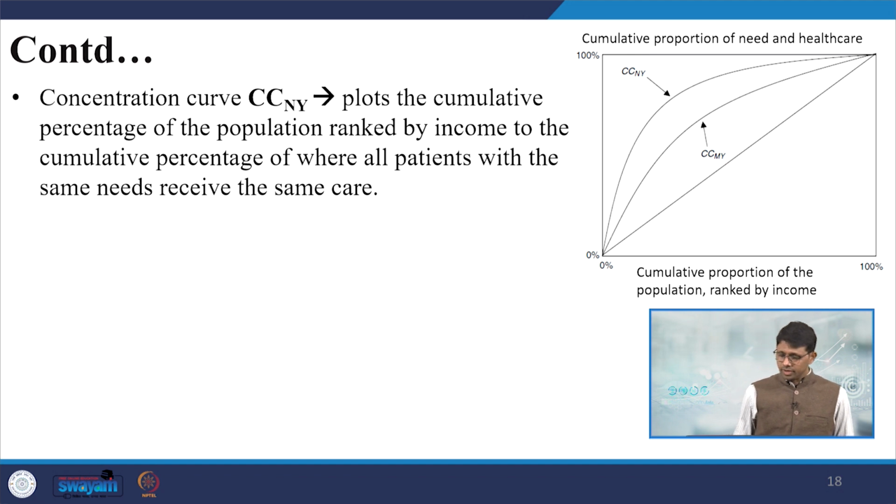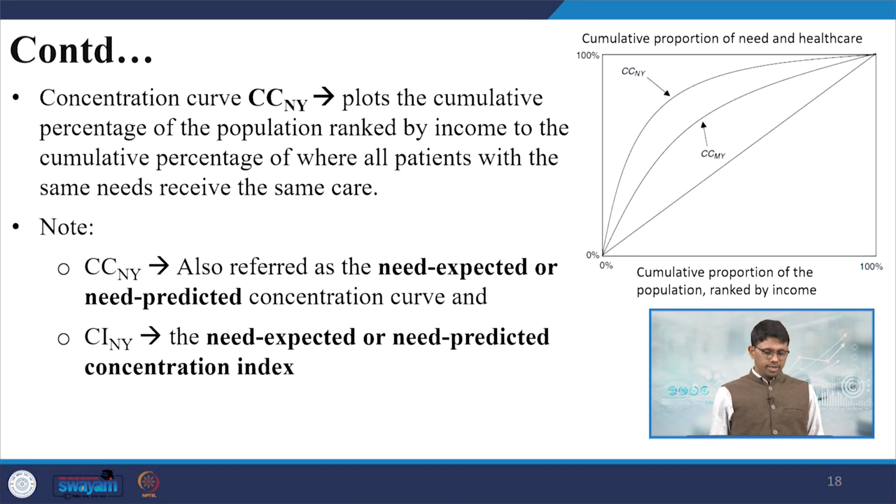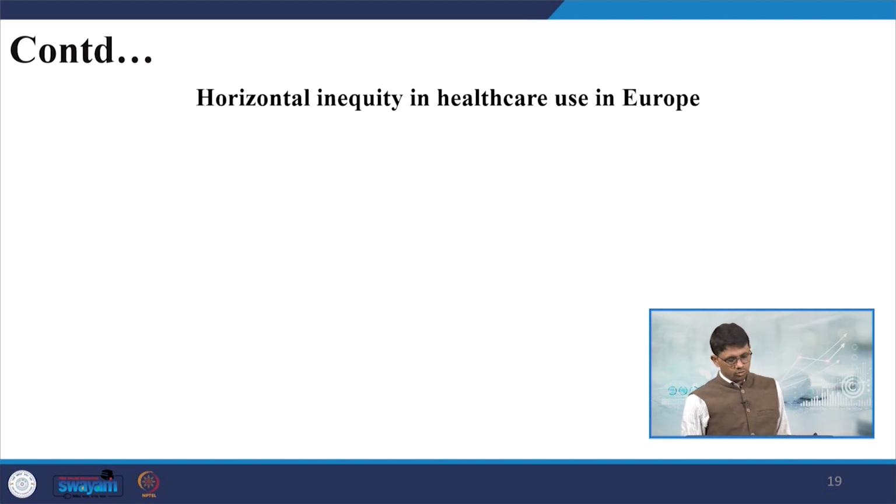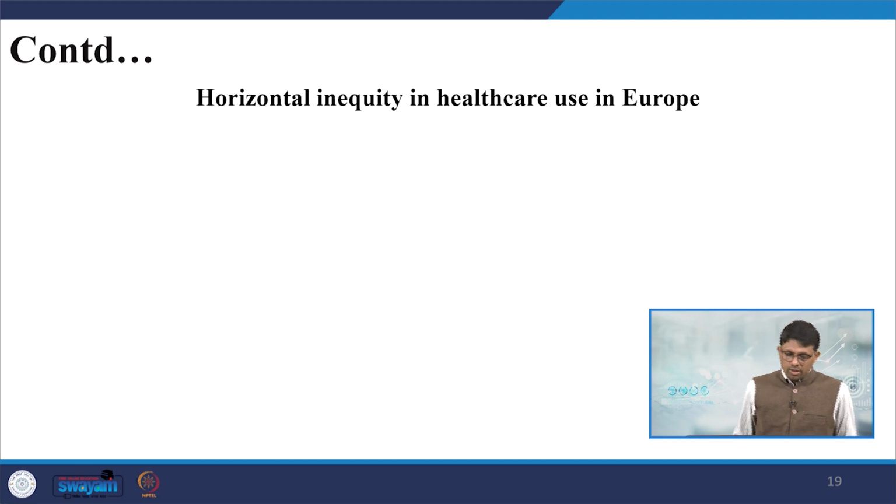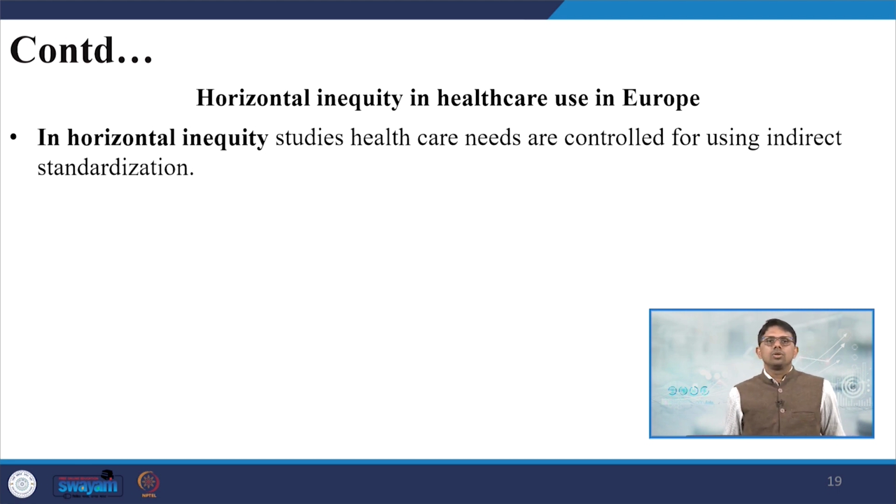So, it is not just proportion, it is the cumulative proportion, hence the curve has an increasing trend. CCNY refers to the need expected or need predicted concentration curve, and CINY is the index based on the need expected or need predicted concentration values.